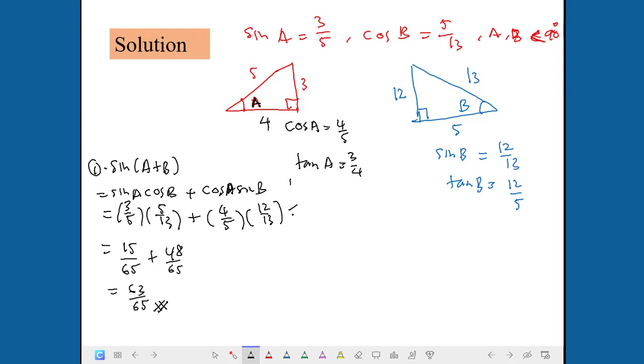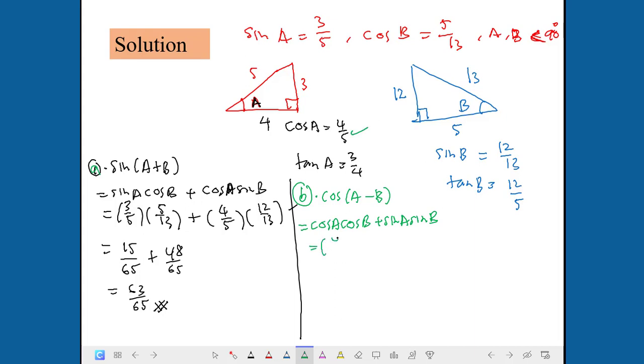For the second one, cos(A−B) is equal to cos A cos B plus sin A sin B. Then cos A is 4 over 5, cos B 5 over 13, plus sin A 3 over 5, sin B 12 over 13.